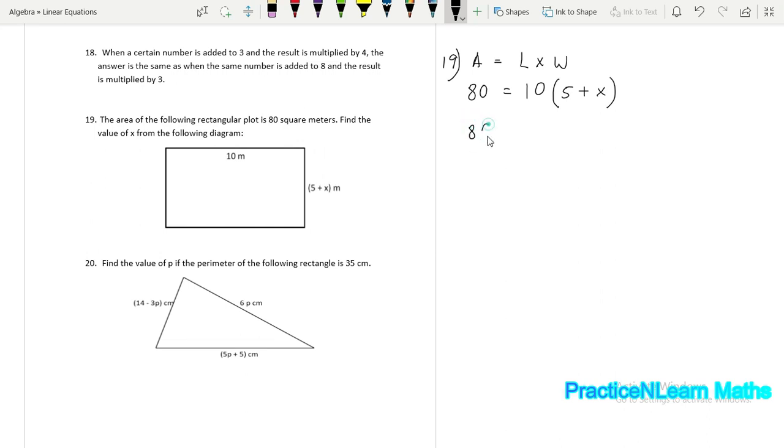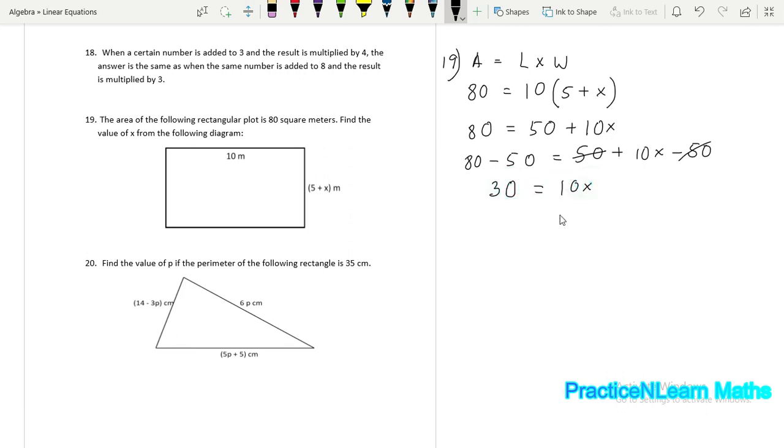We open the brackets, we get 50 plus 10x. We subtract 50 from both sides. We get 30 is equal to 10x.